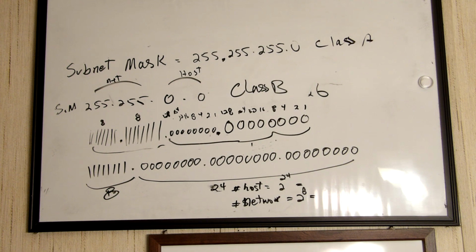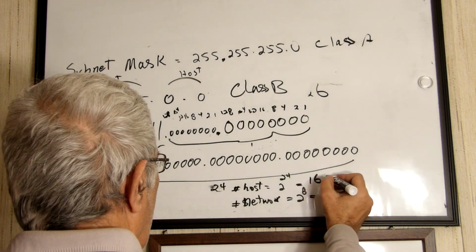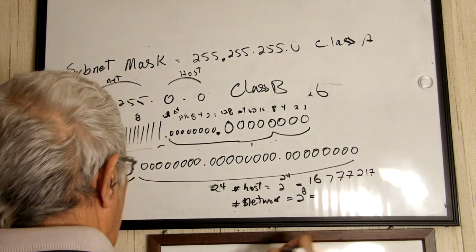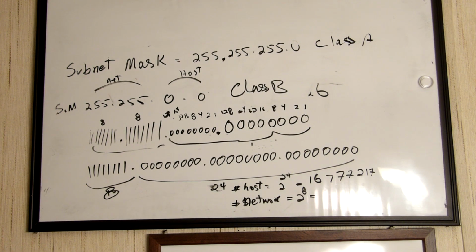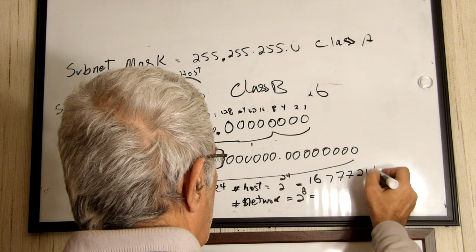So in class A, 2 to the power of 24 is 16,777,216.